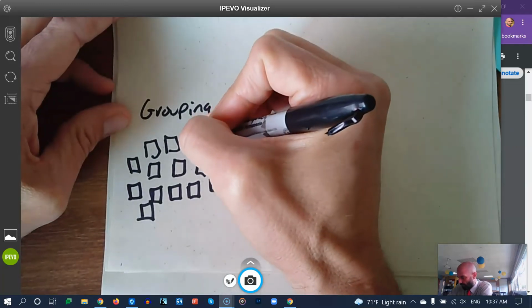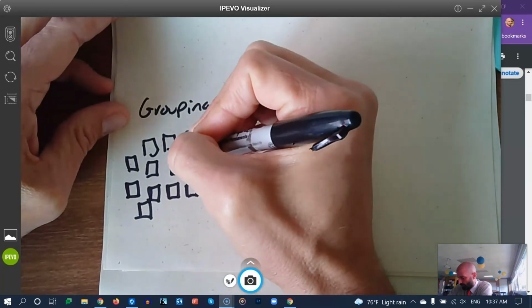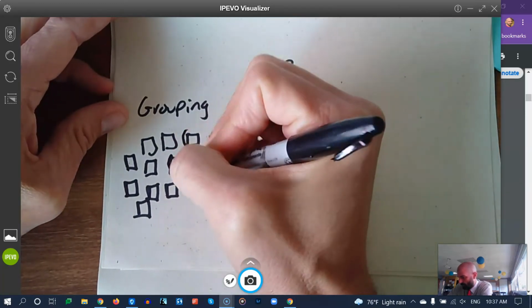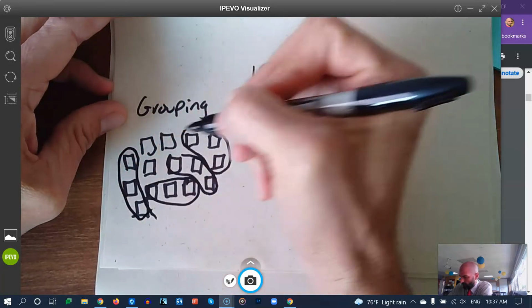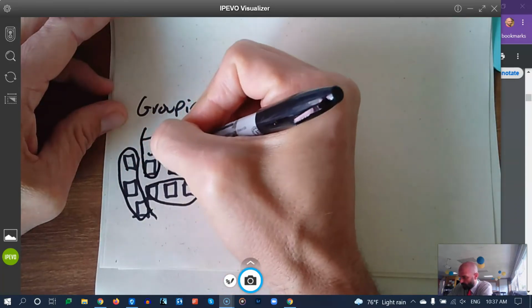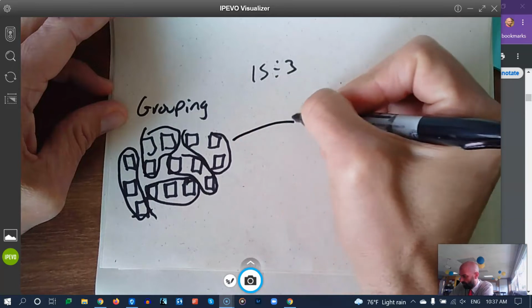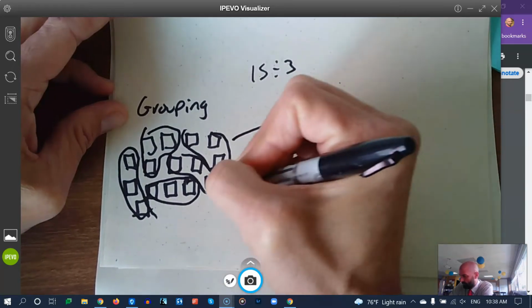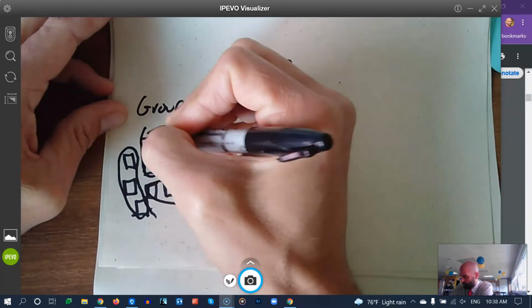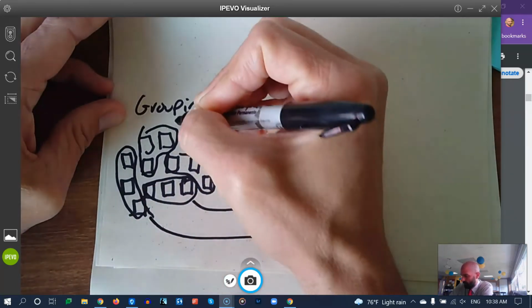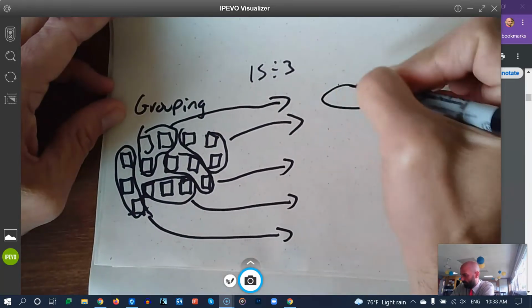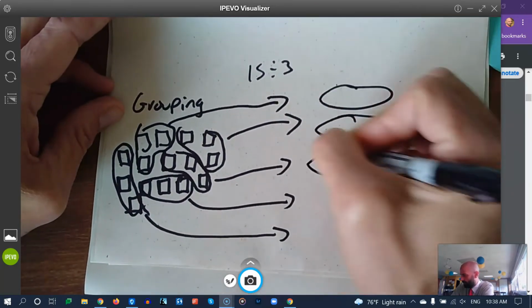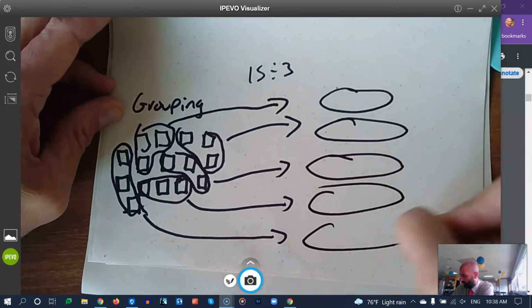So I want to know how many groups of 3 do I have? And the answer is 1, 2, 3, 4, 5. So I have 5 groups of 3 in this problem, 15 divided by 3.